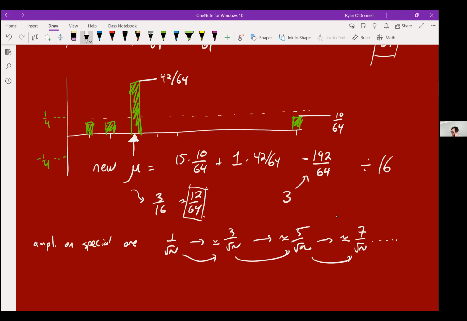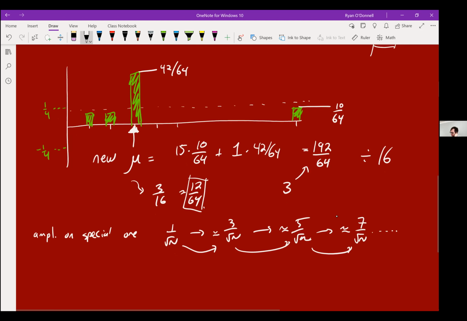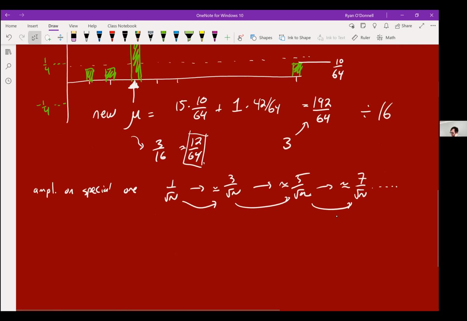Yeah, so we could write down this formula exactly. Might be fun. So for example, let's say this special amplitude, I'll call it alpha. If alpha is the special amplitude, then what is the remaining amplitude?